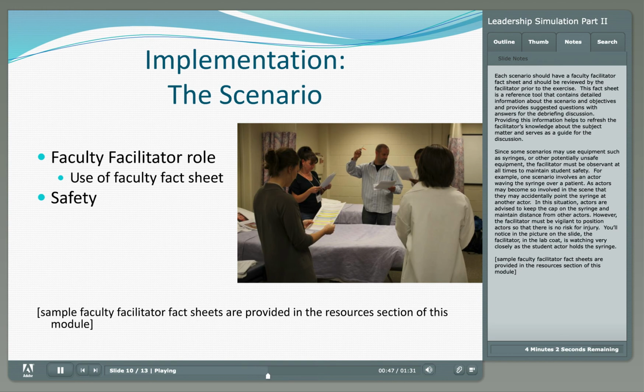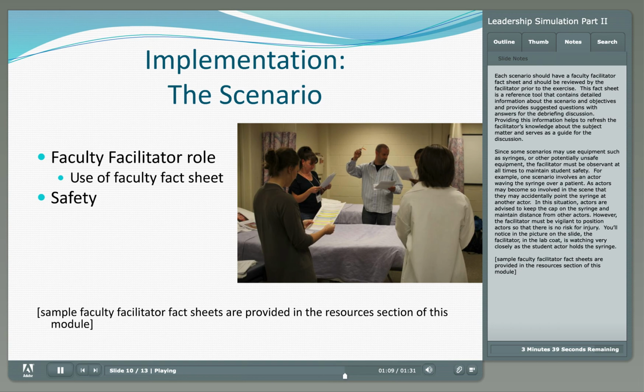For example, one scenario involves an actor waving a syringe over a patient, as actors may become so involved in the scene that they may accidentally point the syringe at another actor. In this situation, actors are advised to keep the cap on the syringe and maintain distance from other actors.